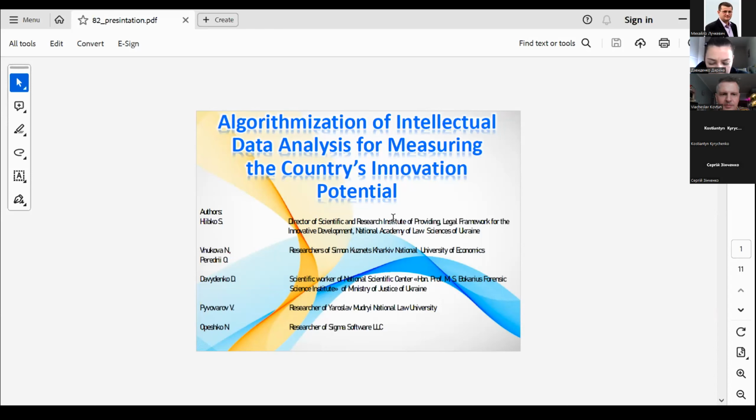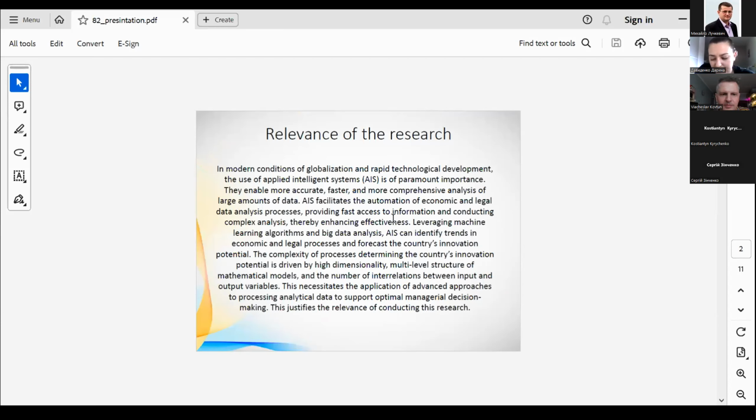Since everyone had the opportunity to familiarize themselves with our publication and report, we wanted to provide a brief description of the work and present the results of the study. The article presents the key principles of using an applied intelligent system in the economic analysis of Ukraine's innovation potential, which significantly improves the processes of management algorithm construction, and as a result creates a favorable environment for innovative development.